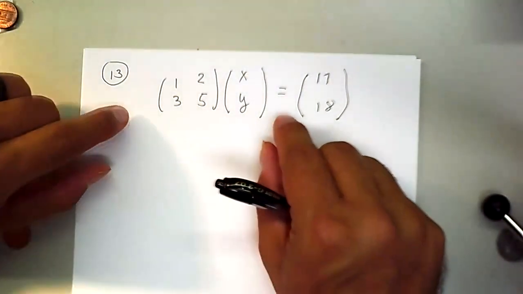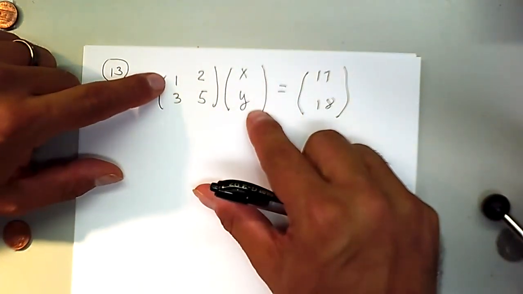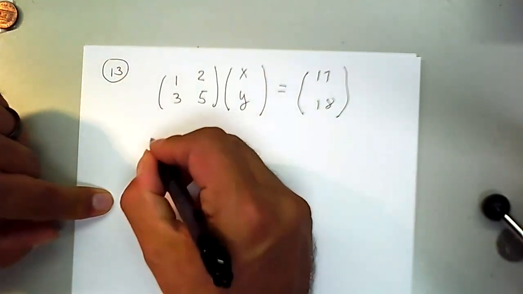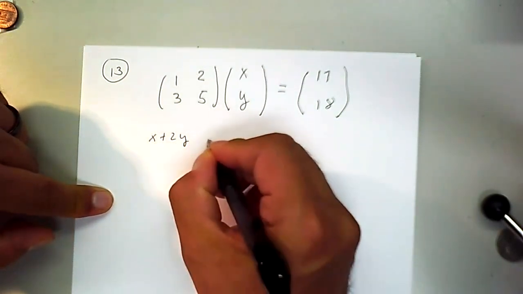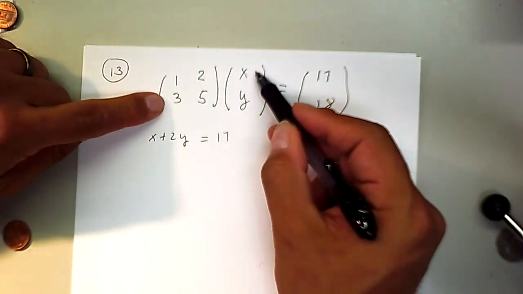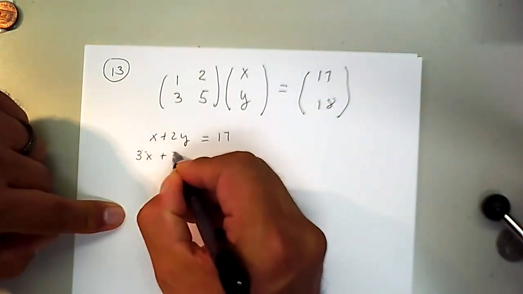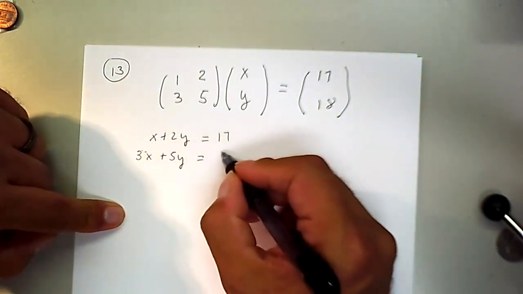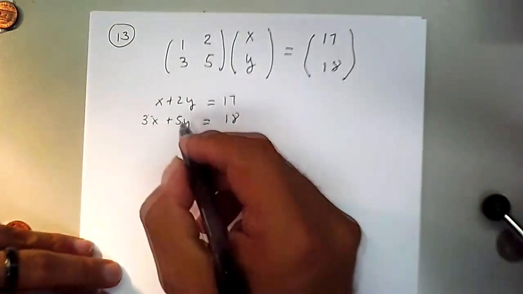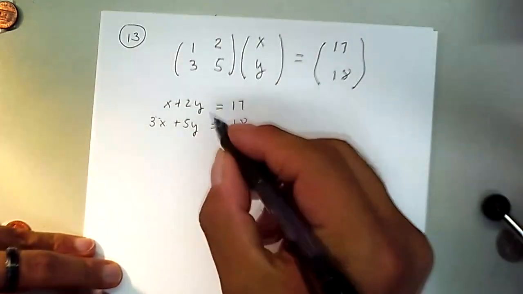Well, let's do it the translation way. Let's translate this into a system of equations. So we got x plus 2y equals 17, and then 3x plus 5y equals 18. Okay, and then if we want to solve for x and y, now we know how to do this. This is from algebra 1 or algebra 2.